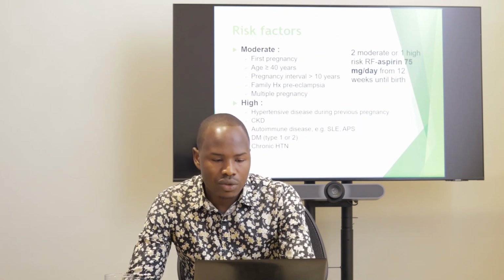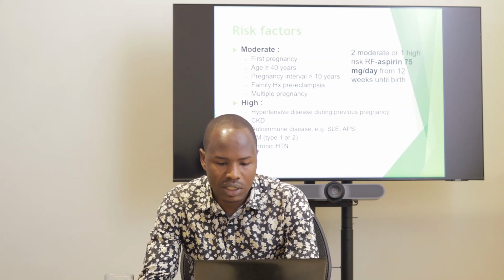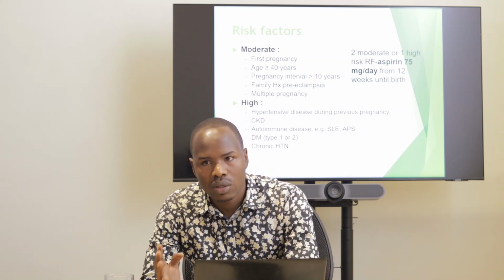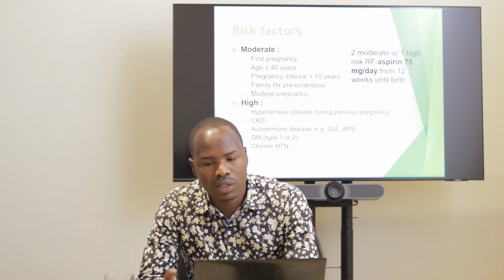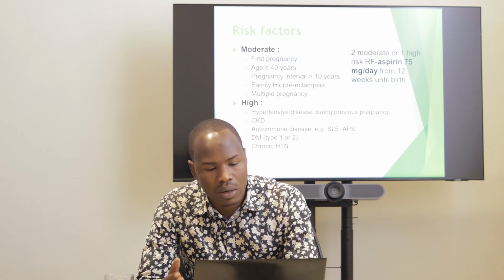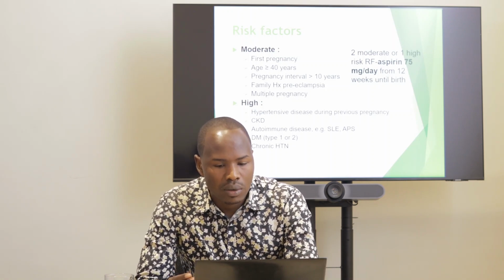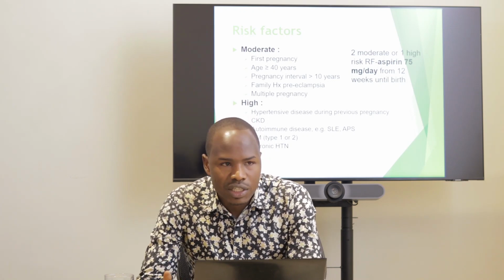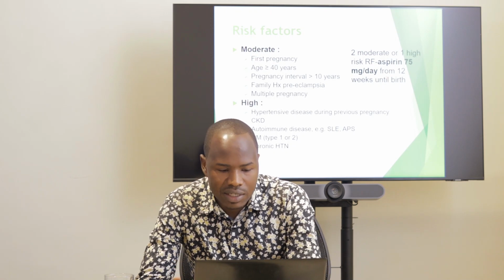We are also going through the risk factors that predispose these clients to preeclampsia, eclampsia or HELLP syndrome. Among those risk factors, there are moderate risk factors and high risk factors.